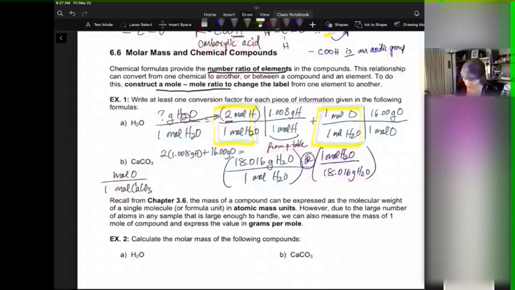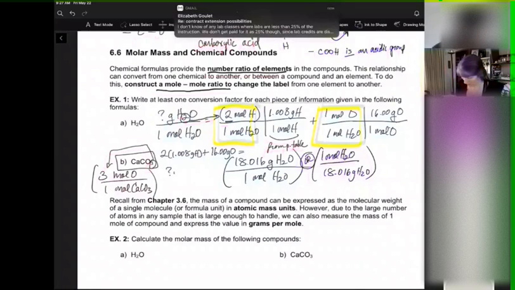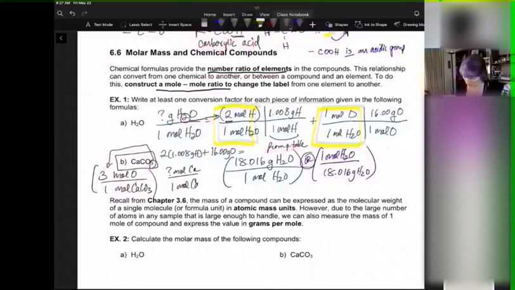I'm going to use that formula to write the value. I know there's 3 oxygen for every 1 calcium carbonate. So that is 1 factor. I could also ask, how many calcium are there? How many moles of calcium in 1 mole of calcium carbonate? So again, I'm just going to use that number in the formula. That's 1 mole of calcium.